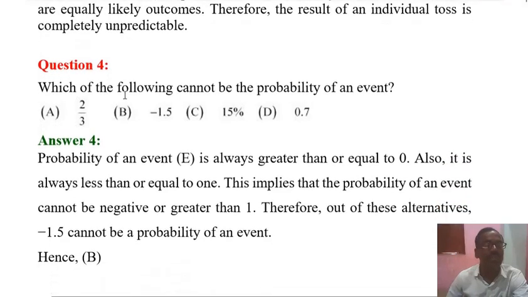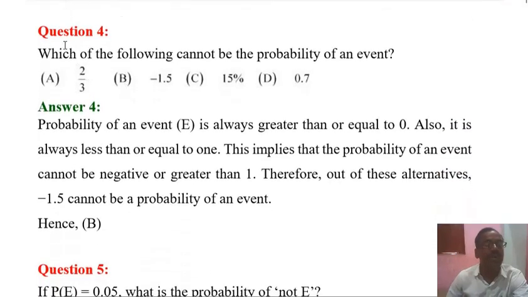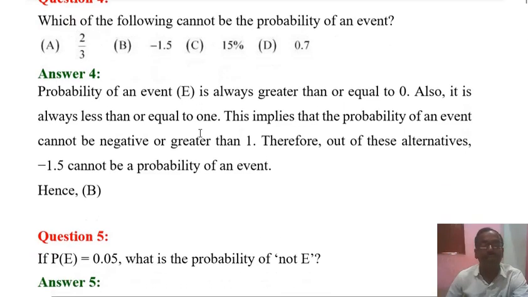So, see the question number 4. Which of the following cannot be the probability of an event? The probability of an event never be negative. The probability of an event E is always greater than or equal to 0.